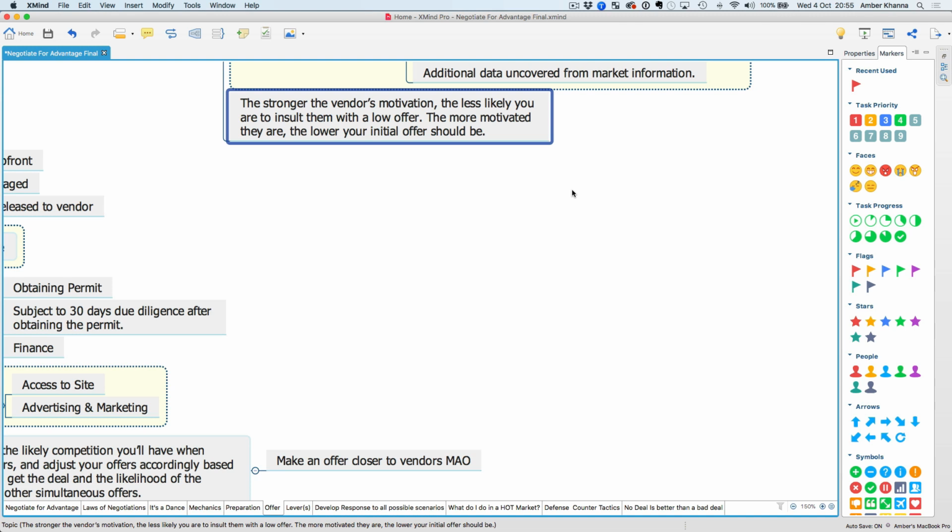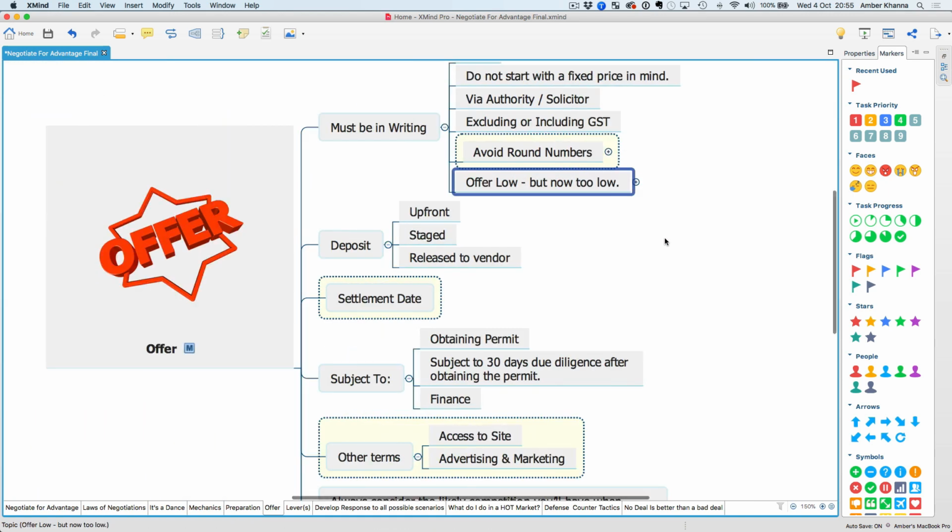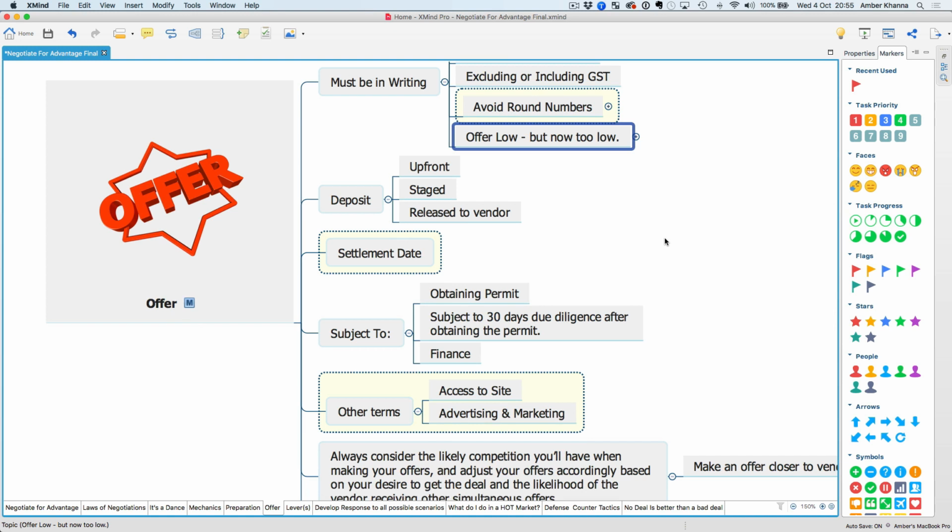So avoid round numbers. I mean this one was a round number, but I've made offers at 1.281 and then signed a contract on 1.281.